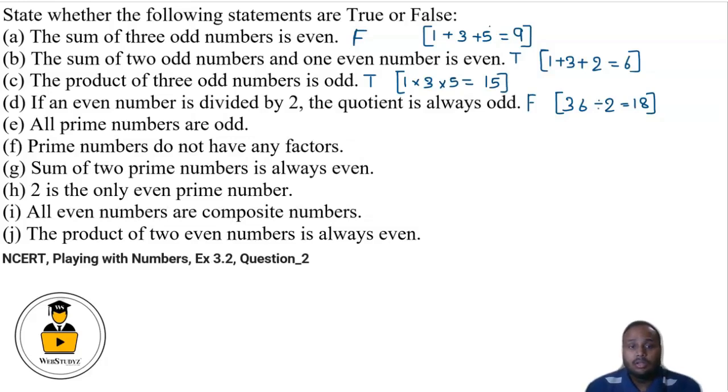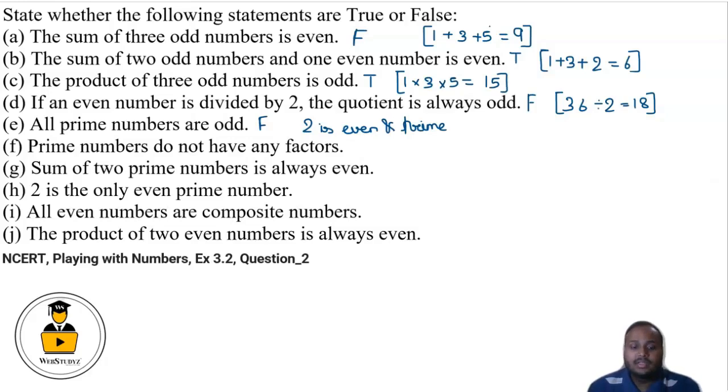Now, in the E part, it is said that all prime numbers are odd, which is false, since we know that 2 is even and prime. Fine.